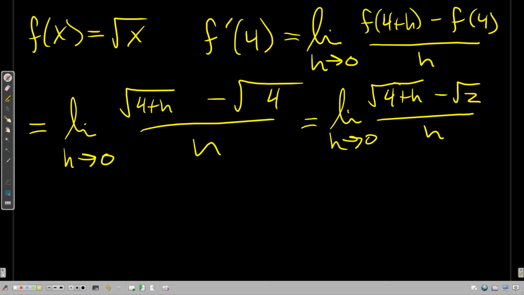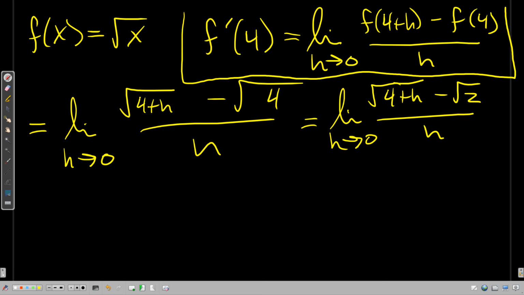Let me point out to you, though, that in each problem of this homework, I was forced to use the plus h style, the definition where h goes to 0. It's not really the one I prefer.